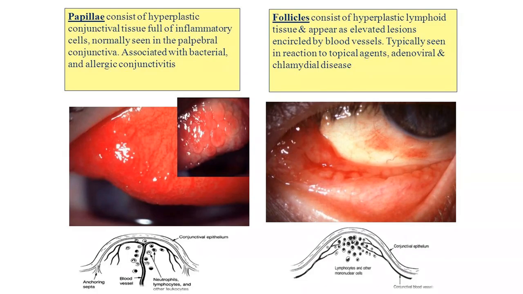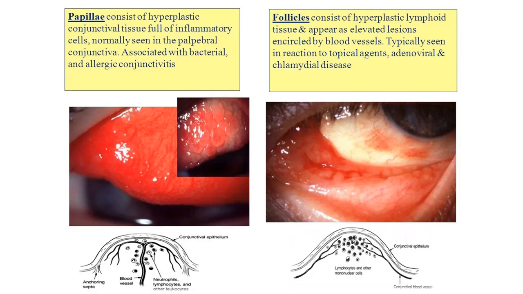They can cause papillary conjunctivitis, such as giant papillary conjunctivitis caused by the contact lens or by foreign body, or they can cause a follicular conjunctivitis, such as the adenoviral keratoconjunctivitis, or sometimes both mixed papillary and follicular conjunctivitis, such as in cases of trachoma. So this will be an important clue for diagnosis.